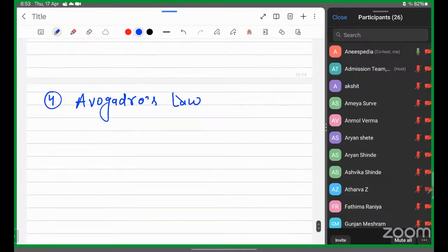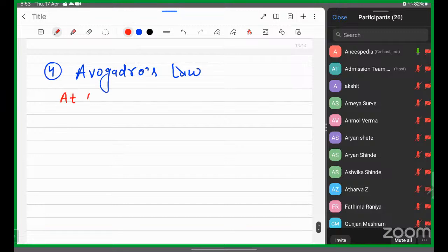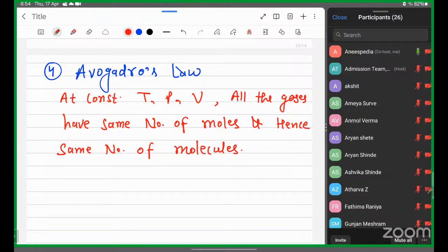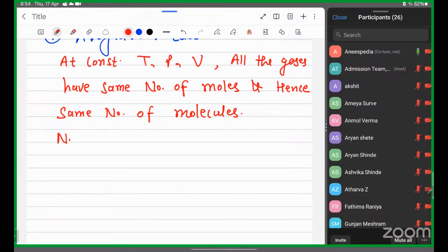It states that at constant temperature, pressure and volume, all the gases have the same number of moles, and hence the same number of molecules, and the number of atoms may be different.